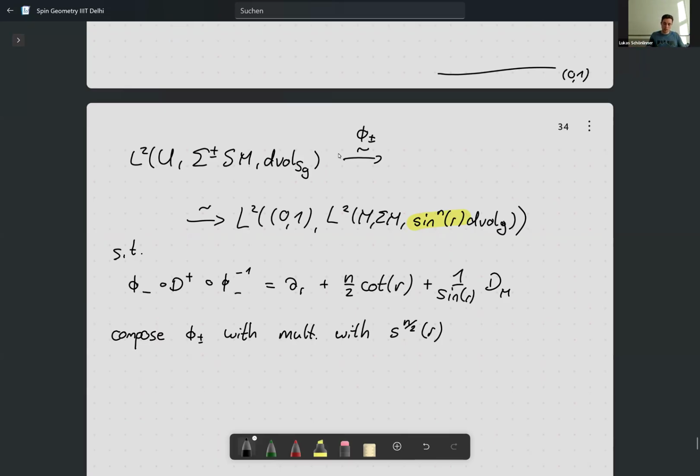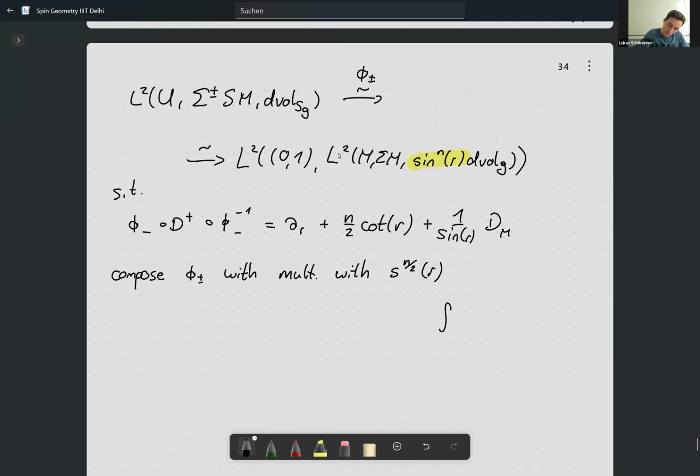As a side remark, we have this L2 norm here, which somehow looks okay.